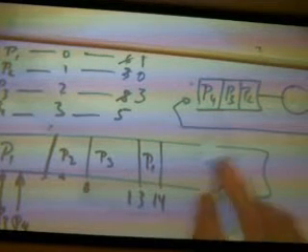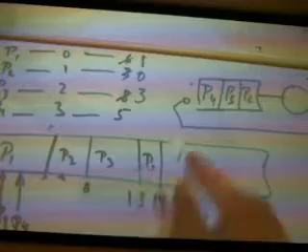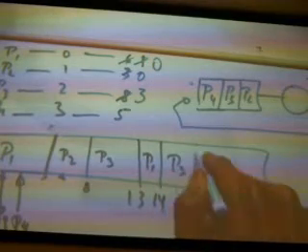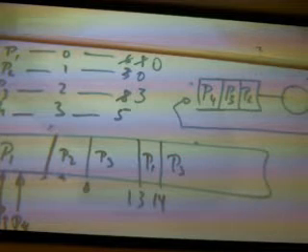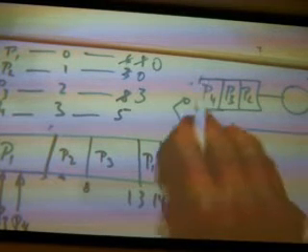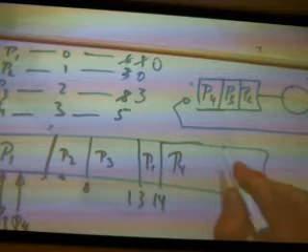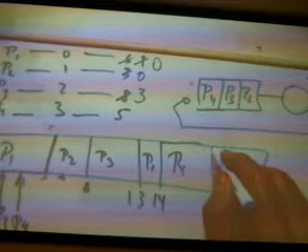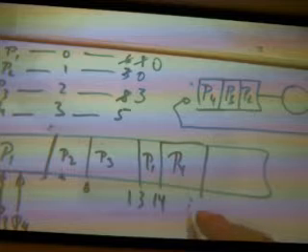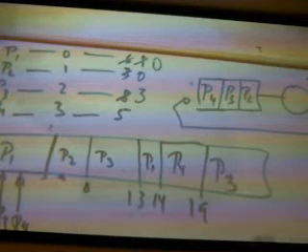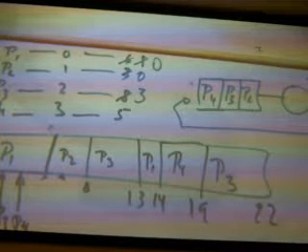And then the next one to get the CPU will be P3. Or P4. Yeah, it's P4 for 5 time units, right? Yeah. So 19. Yep. And then P3 ends at 22.